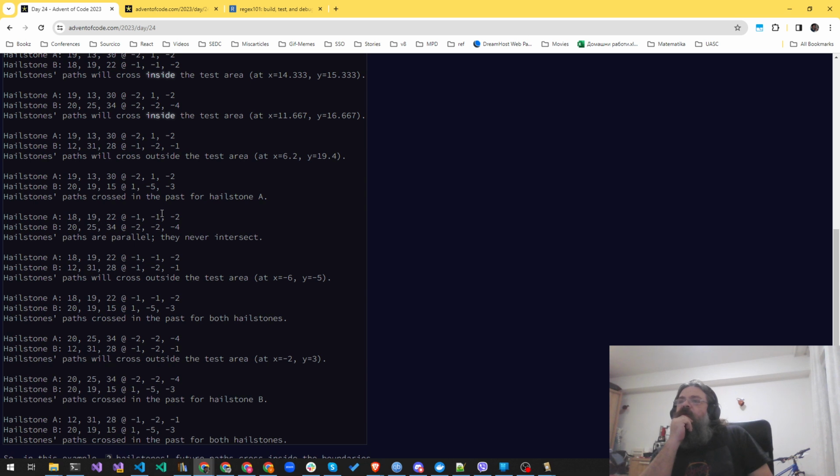Does it transfer into the slope? No, because for the values of y, it was 19, so it was going to be 14, 9, and so on. We can use the slope for this, but it's simpler to just use these two numbers.